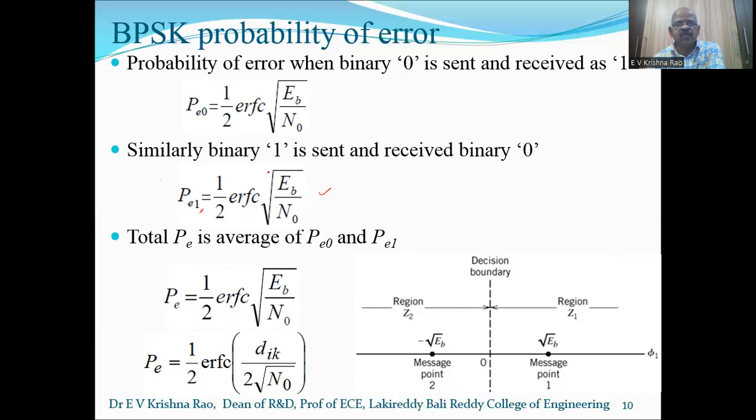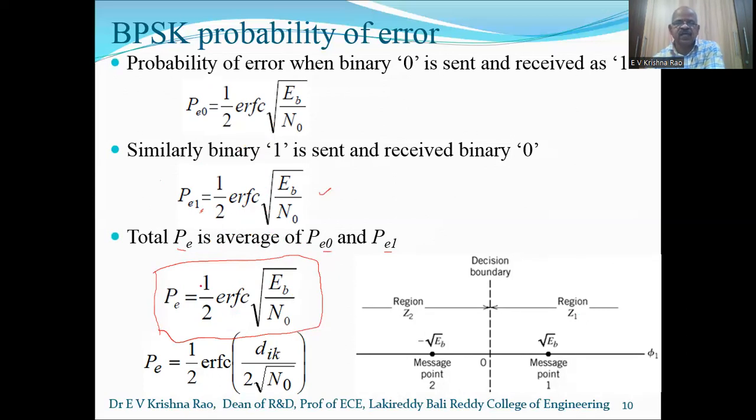If you take the average of P0 and P1, that is the total probability of error. You will again get half the complementary error function of root EB by N naught.